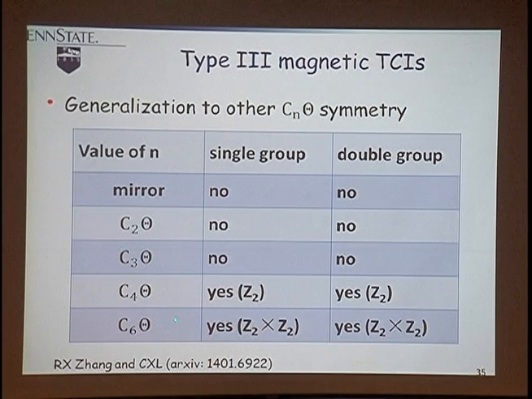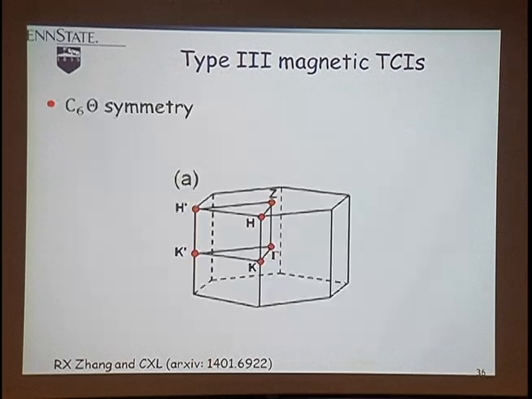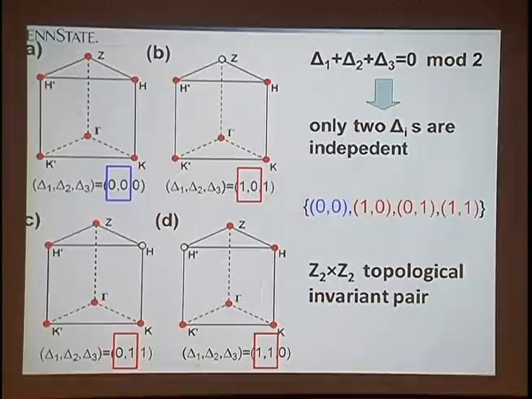For C6 theta, we can define two topological invariants. The reason is that for the C6 theta rotation symmetry, in the two-dimensional Brillouin zone we have 3 points, and in three dimensions we have 6 points. In this case, we can define the two topological invariants.